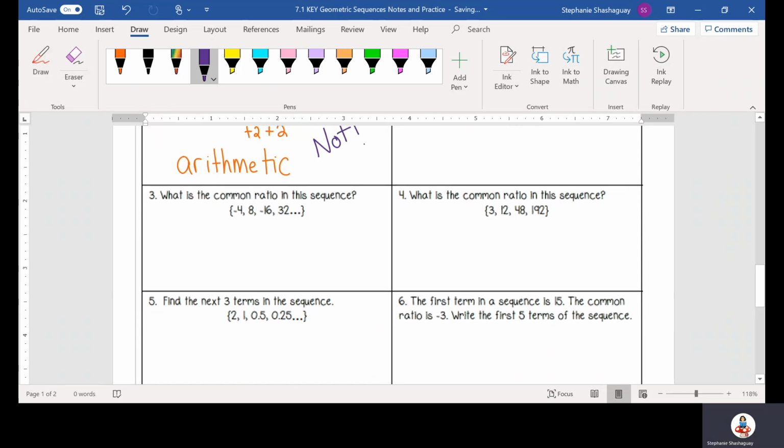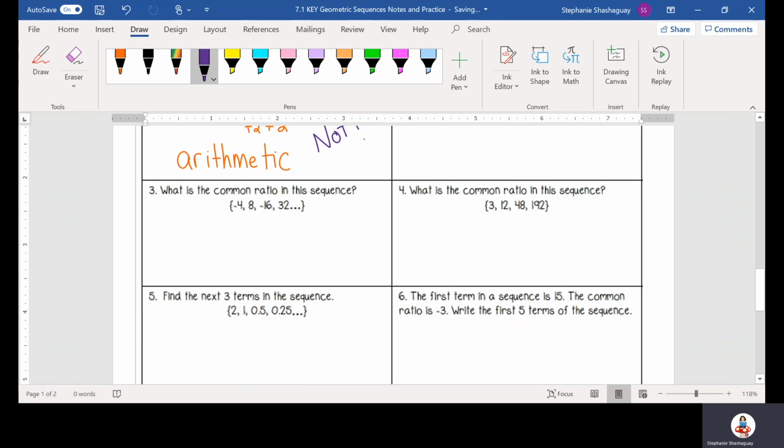In number 3, it says, what is the common ratio in the sequence? So we went from -4 to 8. Well, to go from -4 to 8, I would have had to multiply by -2. If I go from 8 to -16, again, I had to multiply by -2.